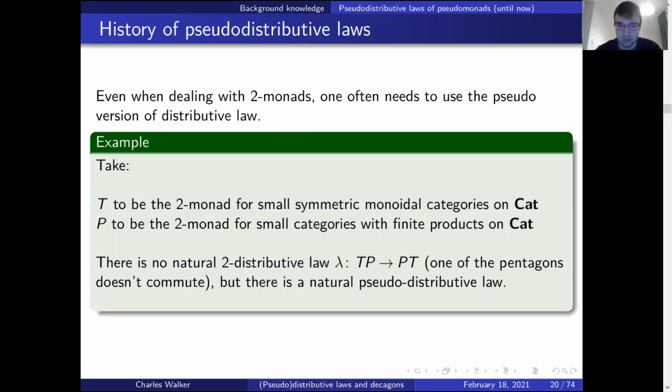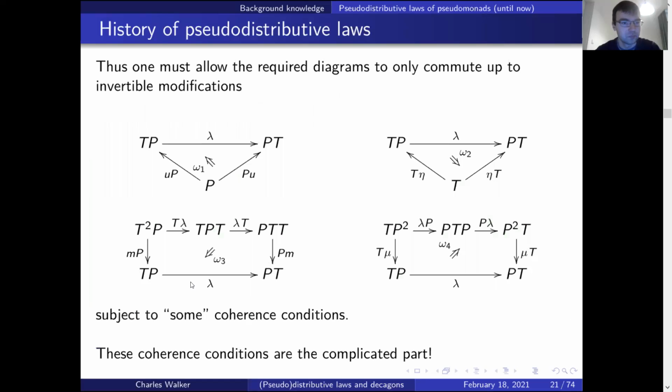Then there's no strict distributive law TP to PT. Basically, the problem is that one of the pentagons doesn't commute strictly, but it does commute up to some natural isomorphism. So we have to allow these diagrams to only commute up to some invertible modifications, and these modifications have to satisfy some coherence conditions. But actually, these coherence conditions on the modifications are the complicated part here.